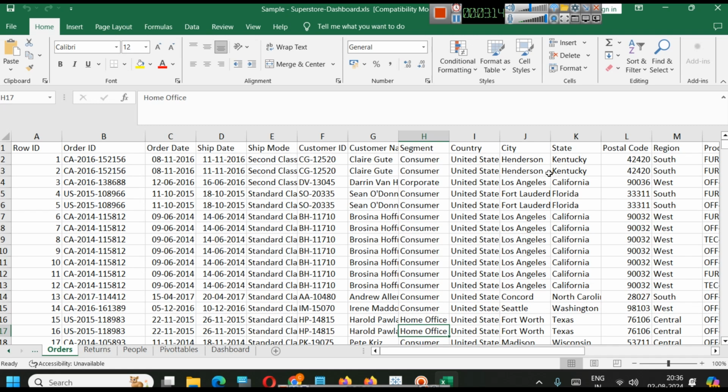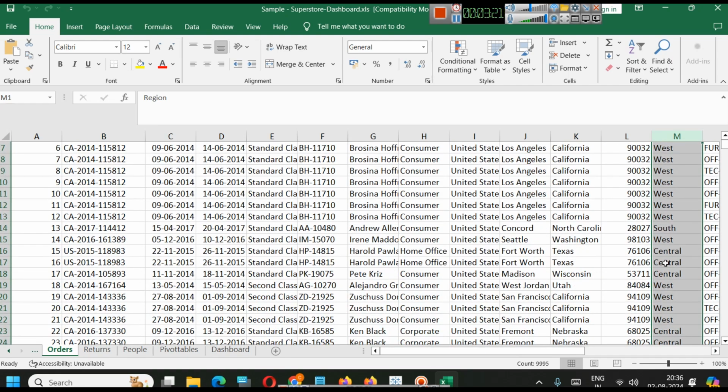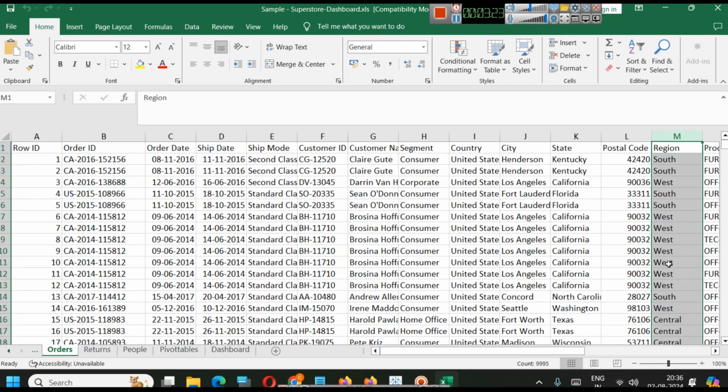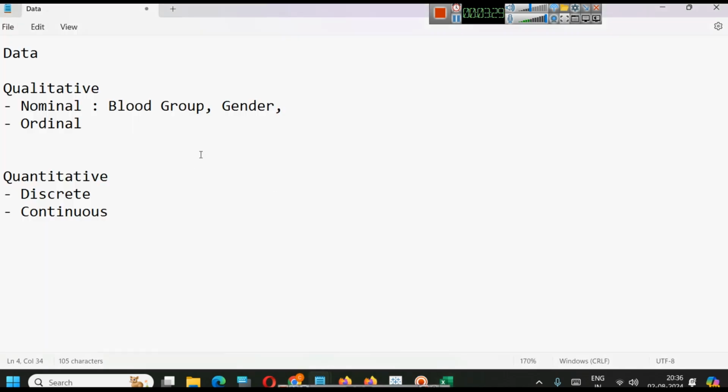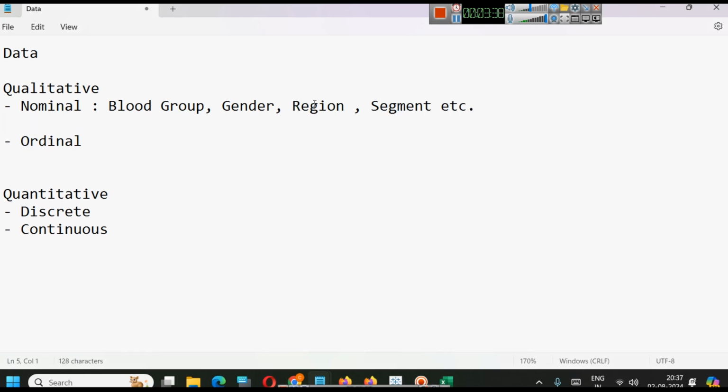And similarly, there is region: south, west, east, and central. They don't have any fifth value possible. So these types of variables are nominal variables. I am writing region and segment here. Okay, etc. So in our data set.